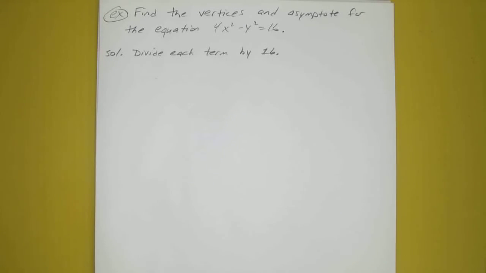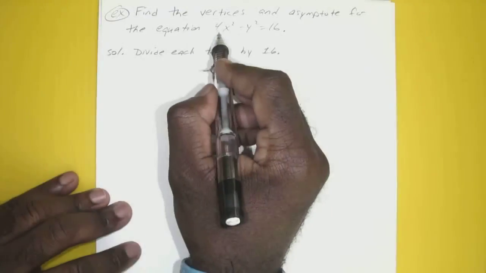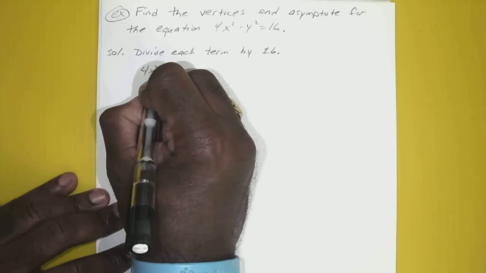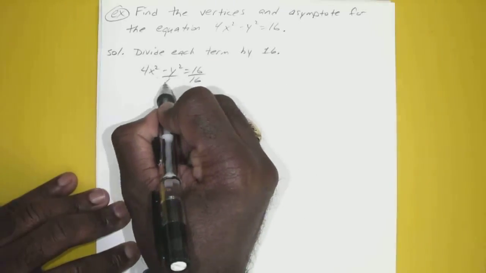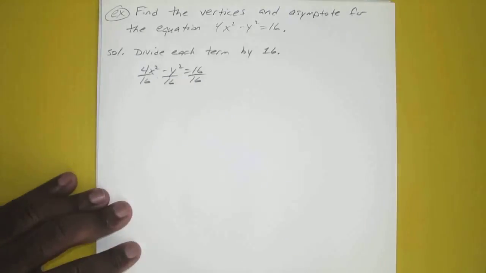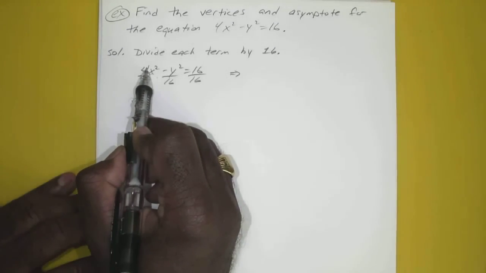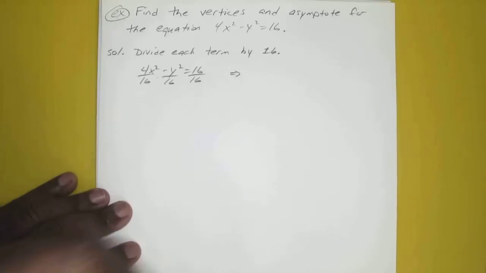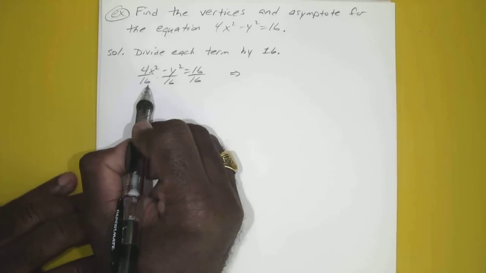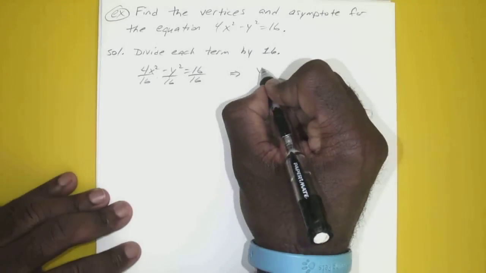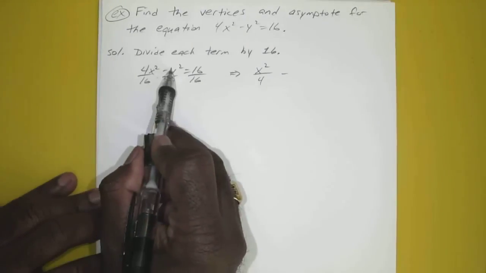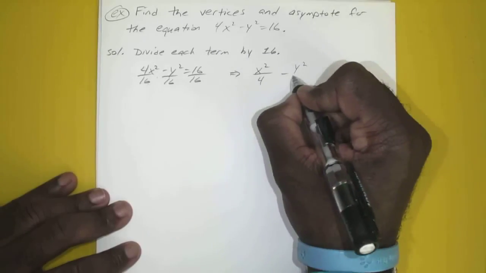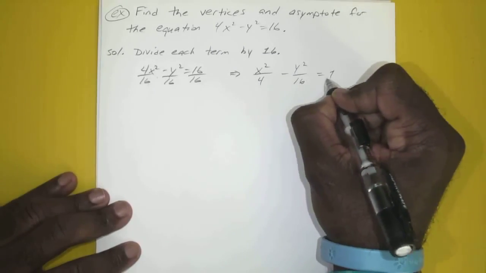Okay, so once you do that, 4x squared minus y squared equals 16. We divide everything by 16. Okay, 4 and 16 cancel out, so 4 goes into 4 once, 4 goes into 16 4 times. So you have x squared over 4 minus y squared over 16 equals 1.